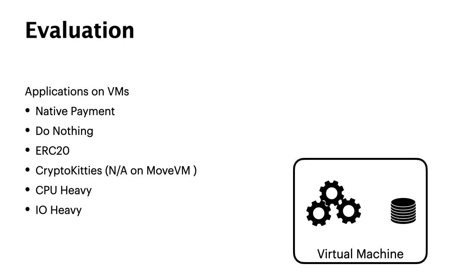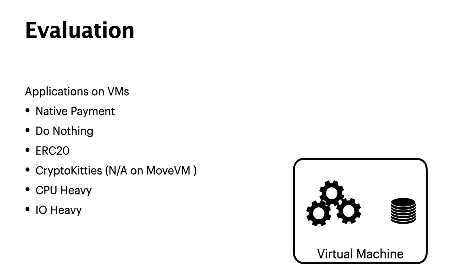The fourth is CryptoKitties. It is a very popular contract on Ethereum, so it is not applicable on MoveVM. Fifth is CPU heavy, which does a lot of computation inside the contract. The sixth is IO heavy, which does a bunch of reads and writes on the database.